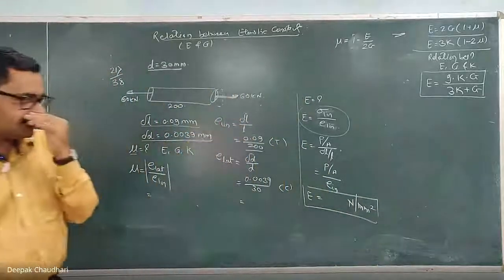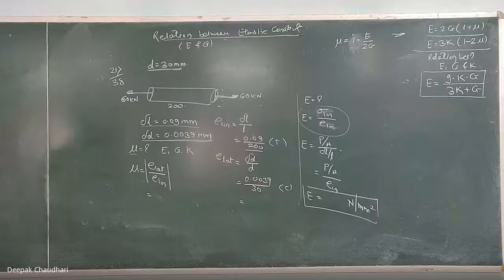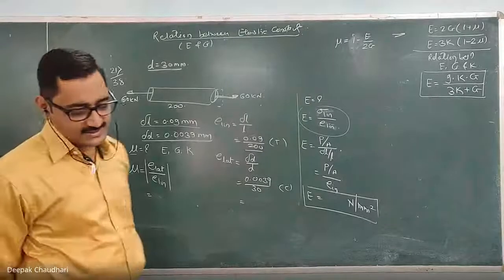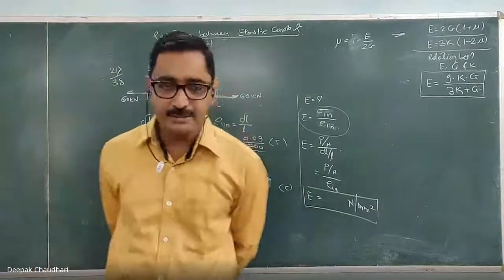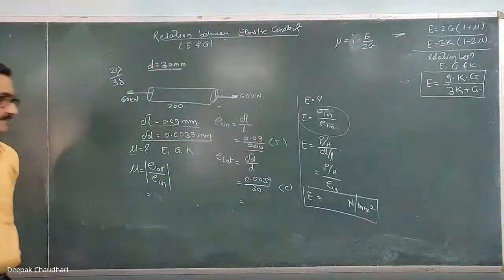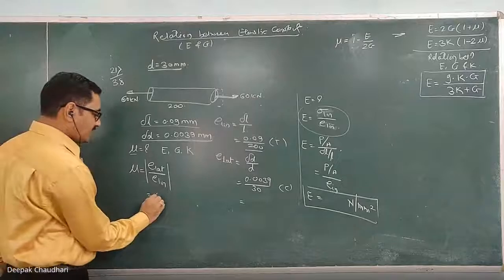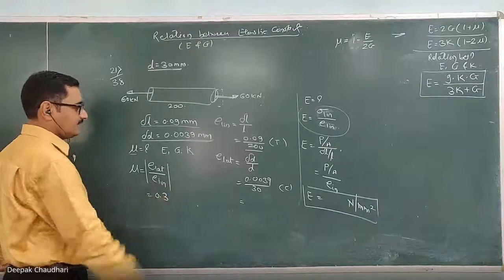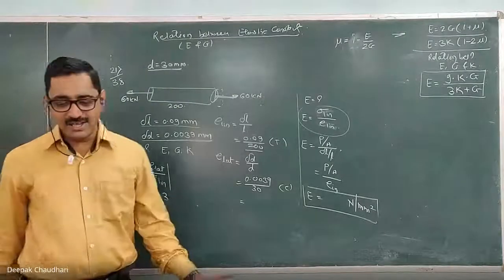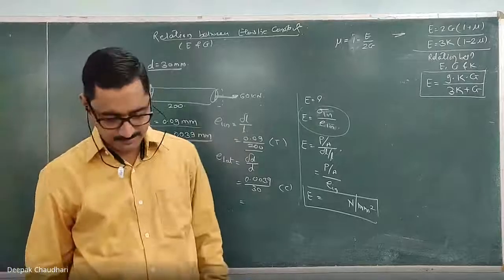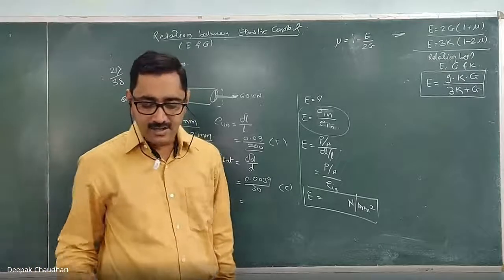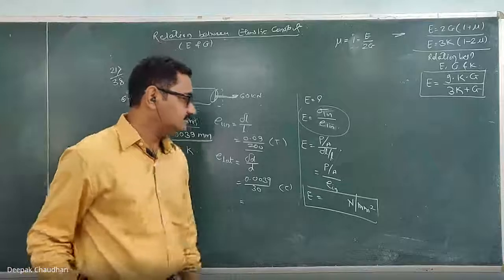Calculate and tell me the answers. How much is mu? 0.3. Okay, the answer is 0.288, but it's okay, no problem. How much is the value of E?